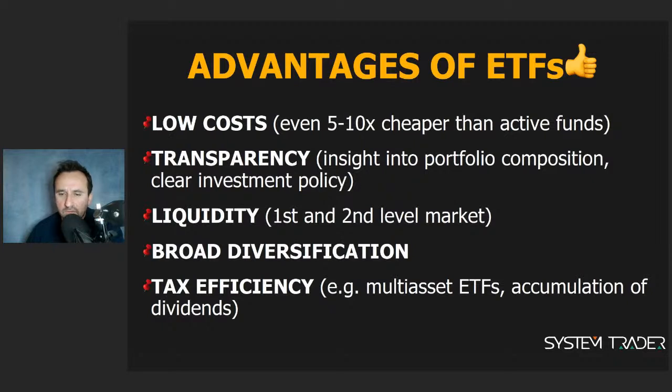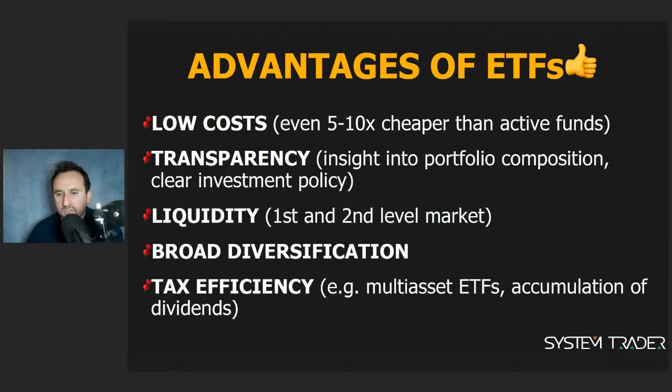But imagine that you have a multi-asset ETF, for example, so that in one ETF you have stocks and bonds, and everything is done under the hood. Even if there is so-called rebalancing, where something is sold or bought under the hood just to keep the model portfolio aligned, you don't have to pay any taxes, because that's done within the fund.